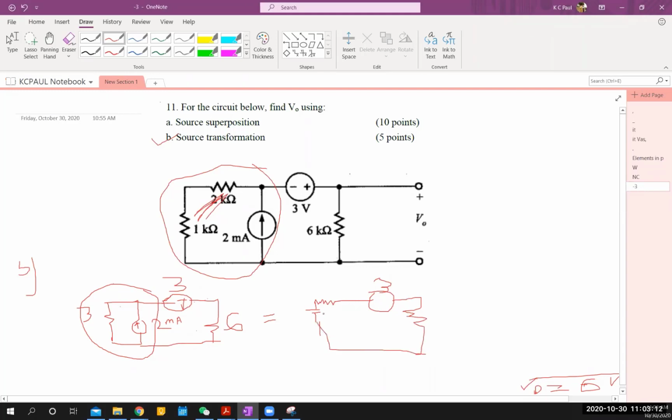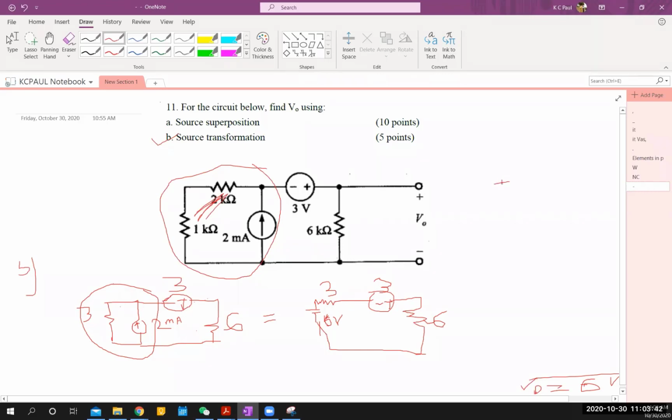So now, what is the value of this voltage source? That should be 3 times 2, with the resistance in kilos, so 6 volts. And what is the value here? 3. Now you have 6 here, and this is a voltage source. Again, these 6 volts and 3 volts are in the same direction.